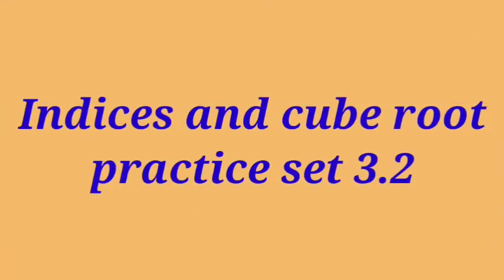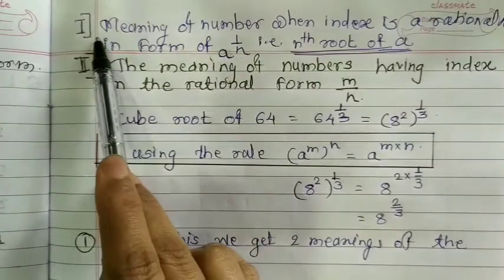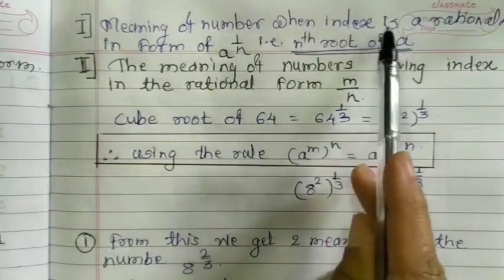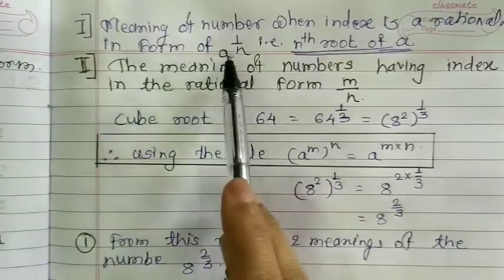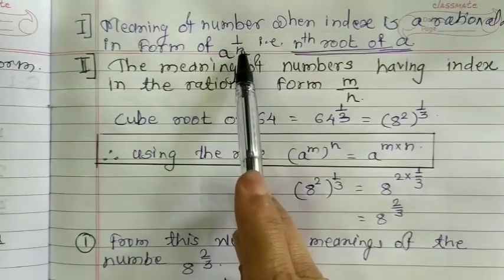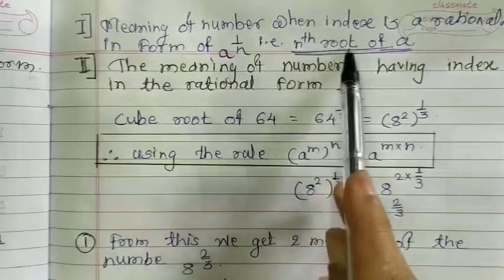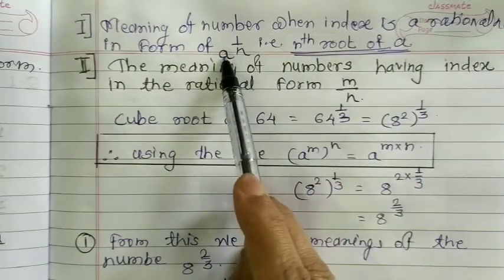Let us see practice set 3.2 in indices and cube root. Hello student, at last we are seeing the meaning of a number when the index is a rational number in the form a raised to 1 upon n, that means the nth root of a.